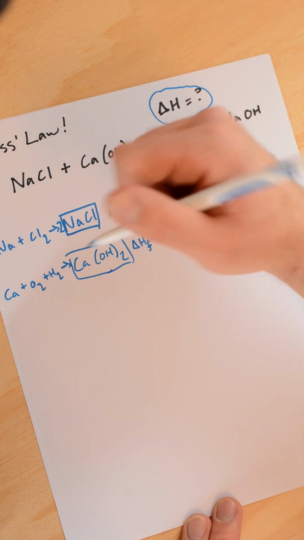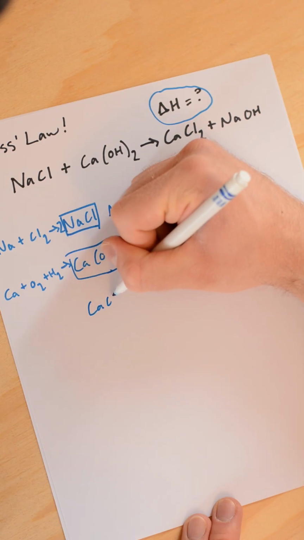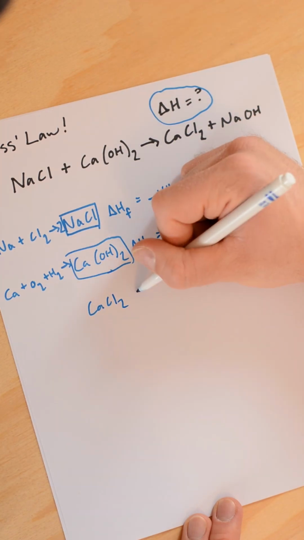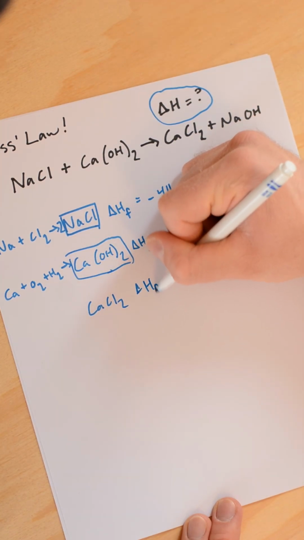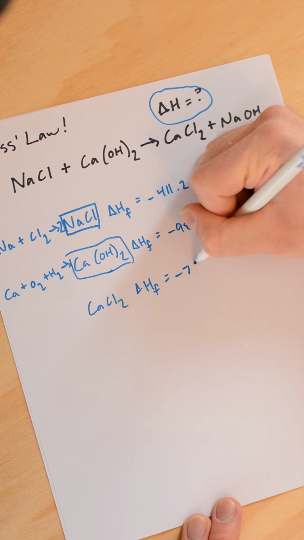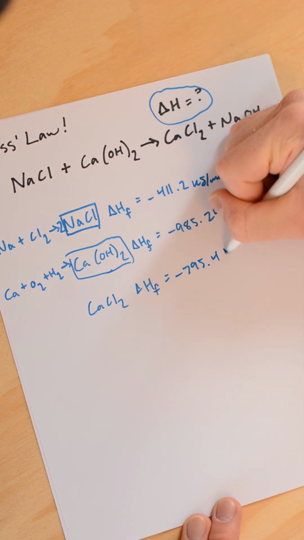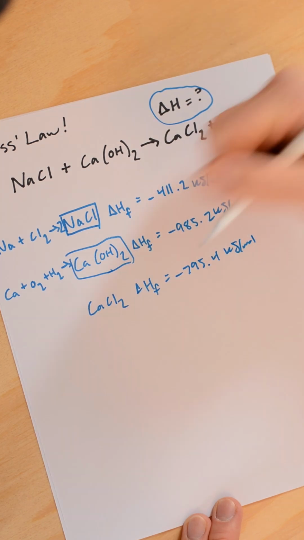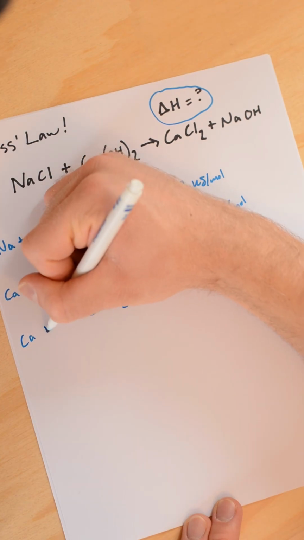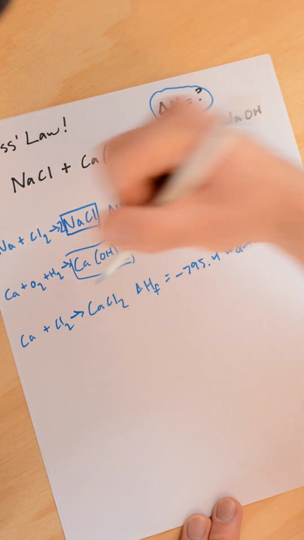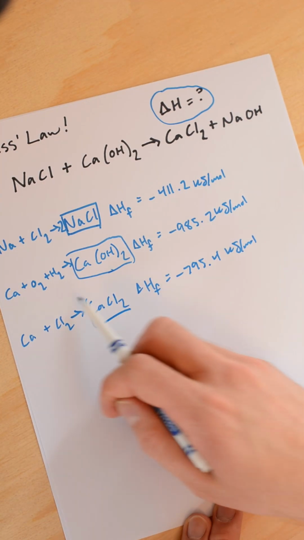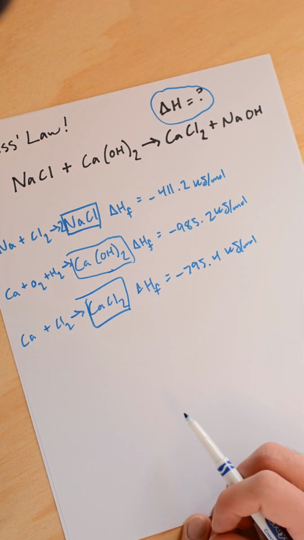On the products, our calcium chloride has a delta H for formation of negative 795.4 kilojoules per mole. Same thing, that's telling you this is how much energy is released when a mole of this compound forms from its elements.